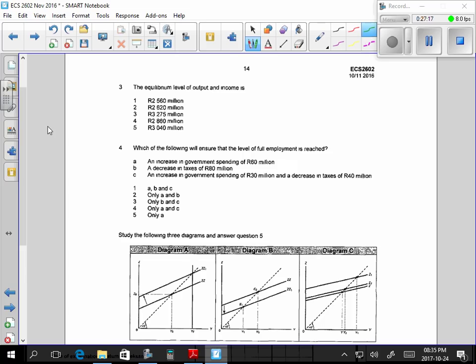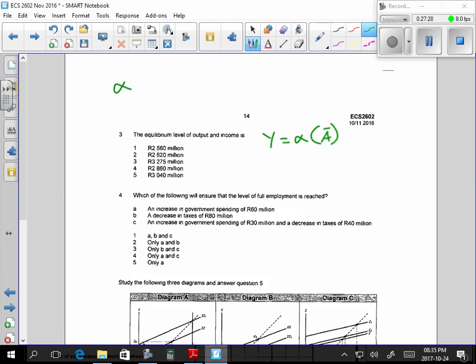To calculate that, your Y is equal to multiplier times your autonomous variables. Your multiplier in this case would be 4. You know this because you're dealing with 0.75.